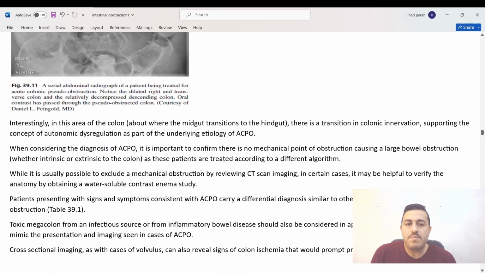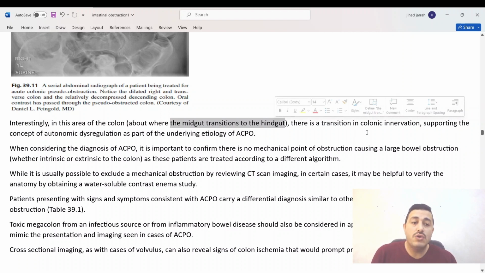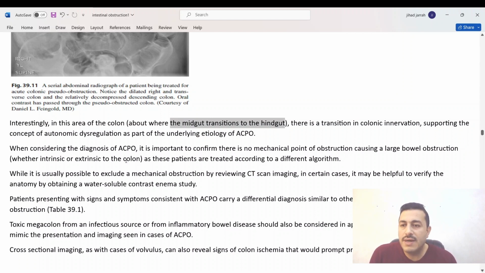We said that the splenic flexure is a transition point between the midgut and the hindgut. In this place, we have a problem in the parasympathetic and sympathetic innervation, and this leads to a kind of functional obstruction or aganglionic segment in the splenic flexure.